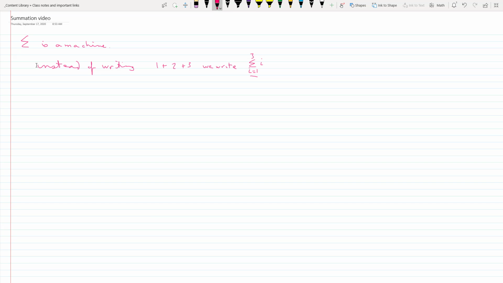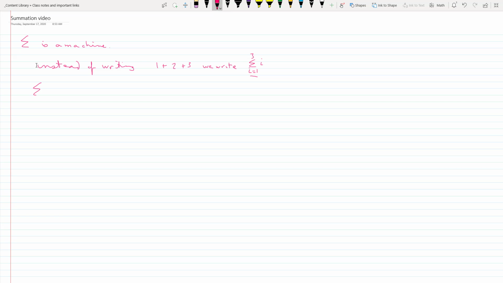So you're summing the value of I for I starting from 1 to 3, where I is a whole number, meaning that you're not doing portions of numbers. You're not doing numbers between whole numbers. So there's no 1.1, 1.2, 1.3. They are just whole numbers.